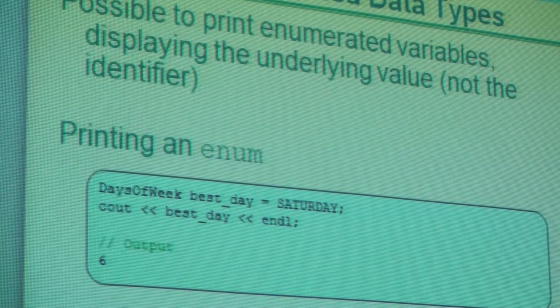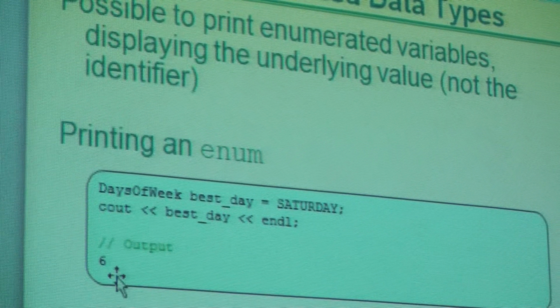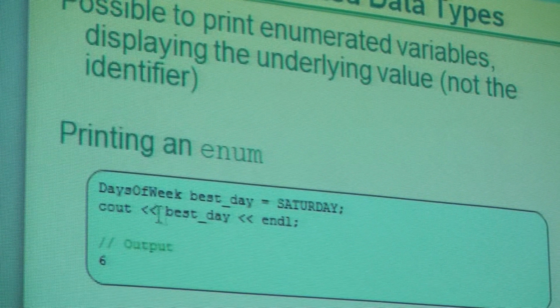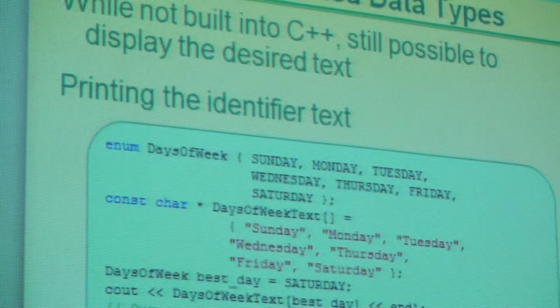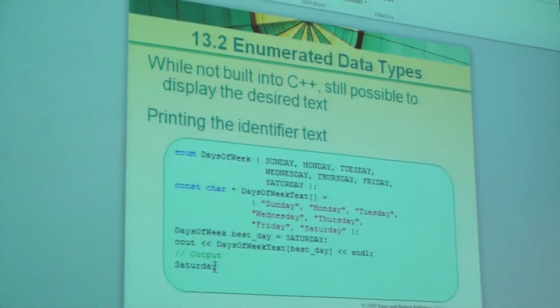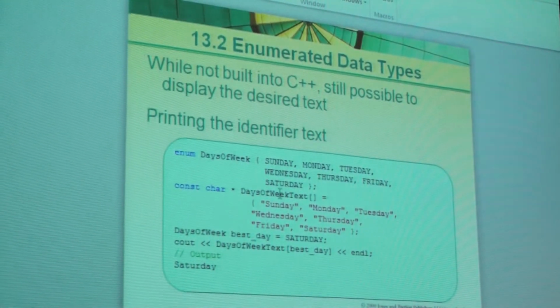I'm sure somebody somewhere along the line has figured out how to overload cout. You could probably do that as an exercise in 136. To overload cout so that it will print out Saturday instead of 6, recognizing the data type. If we want to actually print out the word Saturday, we have to resort to something that's very obvious, I think.